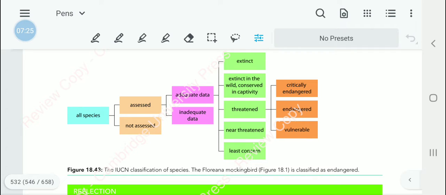All those 3 belong to threatened. Elephants, as you know, are threatened species, categorized as endangered, but very likely to fall under critically endangered in the very near future. Then pandas are critically endangered species.